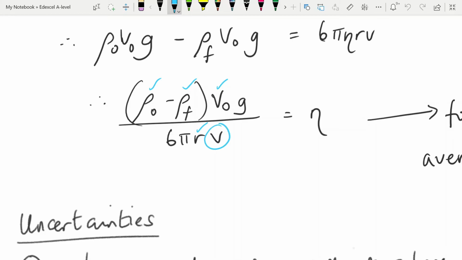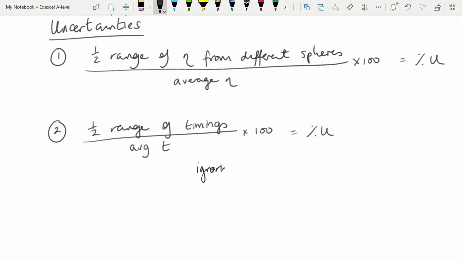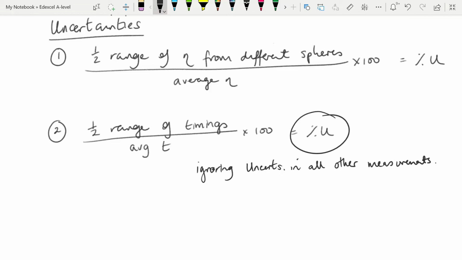And here, our uncertainty in our terminal velocity, if we can also assume that our uncertainty in our meter rule is negligible, which for small distances might be a little bit of a stretch, then we would say that the uncertainty in our terminal velocity is the same percentage uncertainty as our timing. That means if you ignore all the uncertainties in all other measurements, the percentage uncertainty in your timing is the same as the percentage uncertainty in your viscosity.